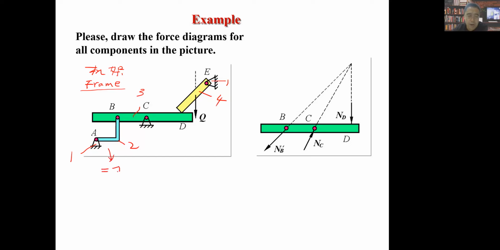That means 二力杆. No? So if I draw AB here, maybe I can draw here, but my picture is very ugly, because it's very difficult to use this one. So this is AB, right?